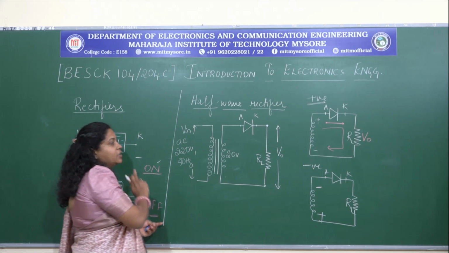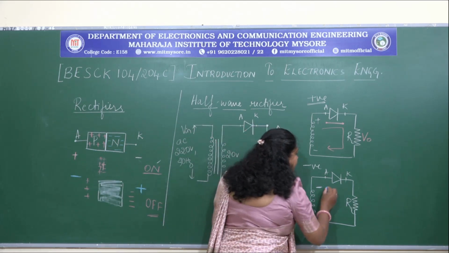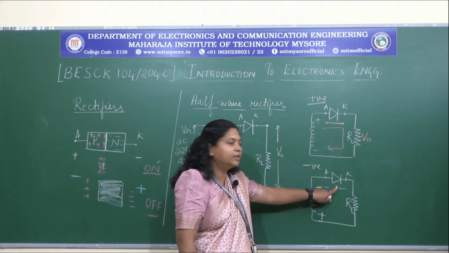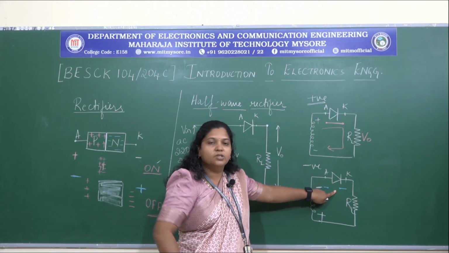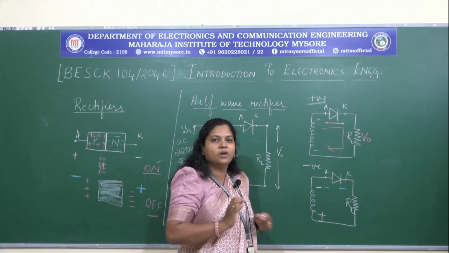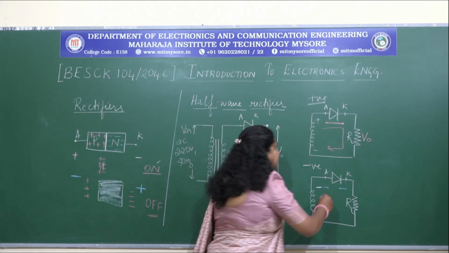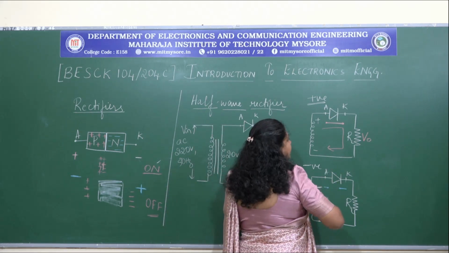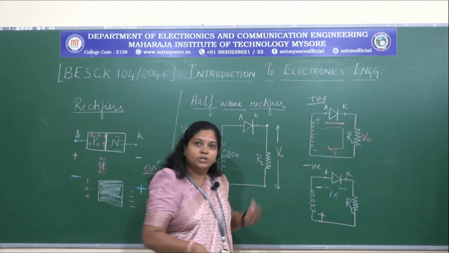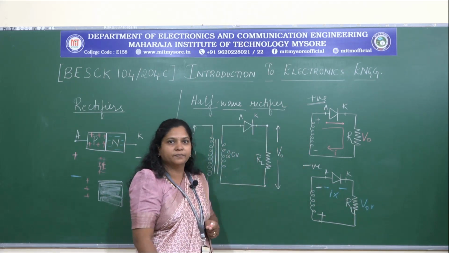So it is in the off state, and we represent it as an open circuit. When a diode is in the open circuit, there is no path for the flow of current. So here there is a current flow I, but here there is no current flowing. So will you get an output? There will not be any output.